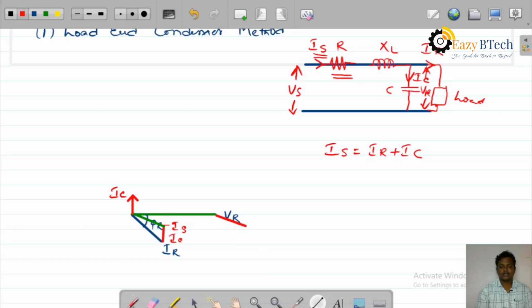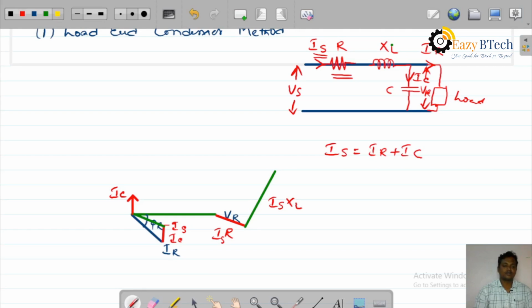Is into R drop, and the current flowing through the XL is also Is. Therefore, the Is into XL drop is perpendicular to the Is into R drop. It is Is into R drop, and this is Is into XL drop.